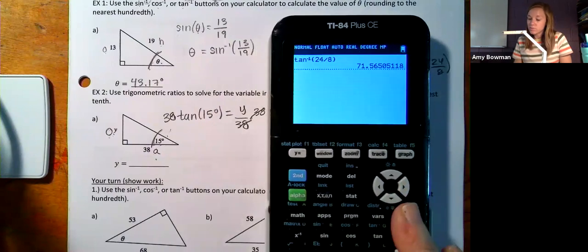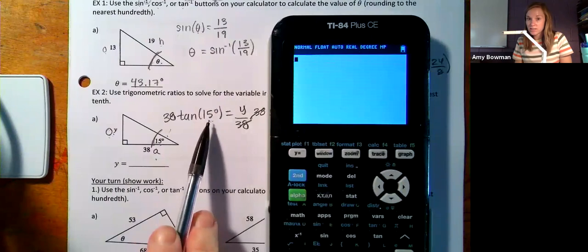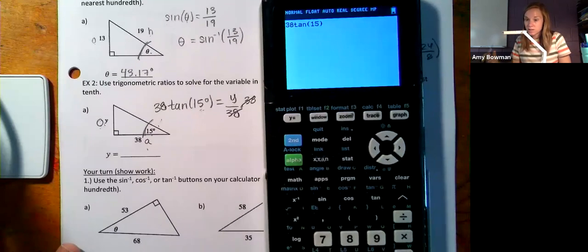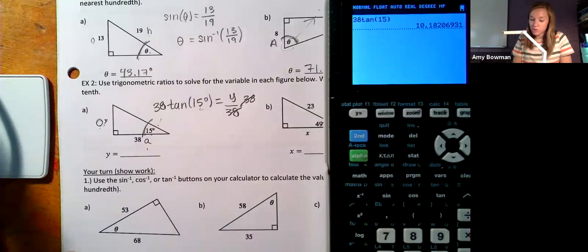Again, make sure you're in degree mode so that it computes the tangent of 15 degrees as opposed to 15 radians. We type in 38 times the tangent of 15. This time, instead of using inverse tangent, I'm just using the tangent function right here. And I get 10.18 units, or 10.2 units.